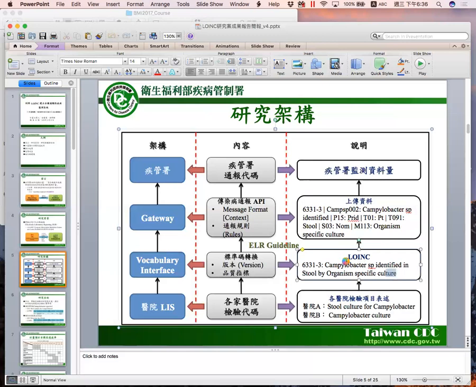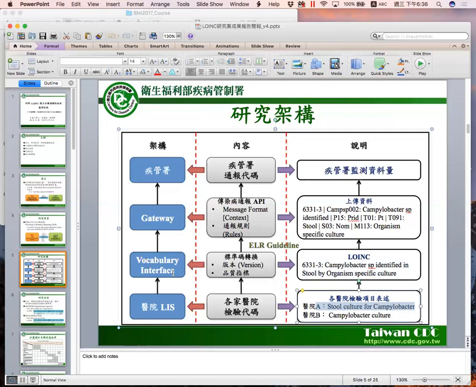So people have a problem: they know they are doing this exam, but they don't know how to choose the same LOINC code.